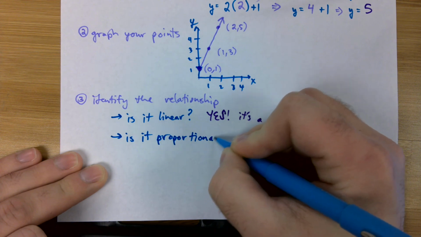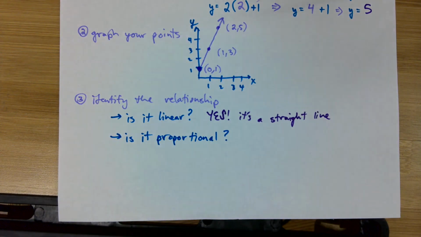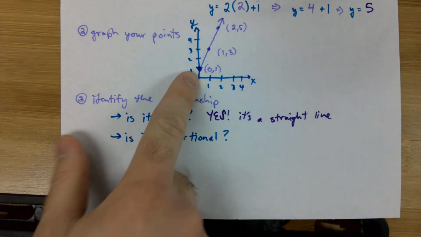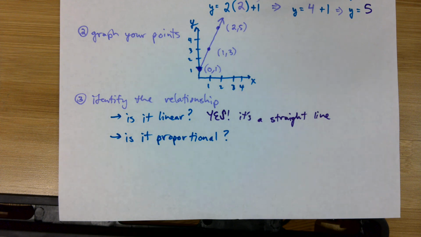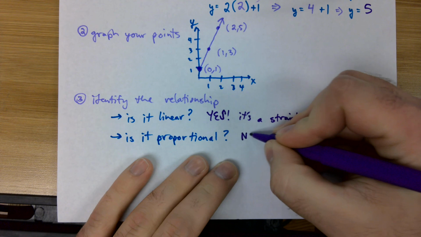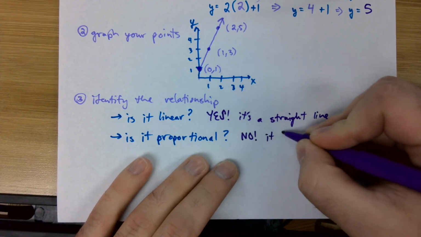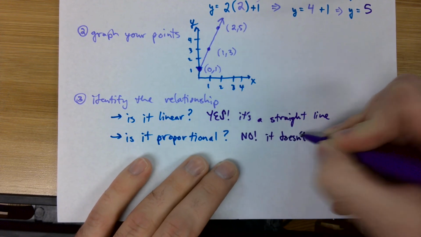So we know that it's linear. Now we're going to ask, is it proportional? Linear is half of the job with being proportional, right? But is this proportional? No, I hear a couple people saying no. Why do you say no? It doesn't go through the origin. That's right. It doesn't go through the origin.